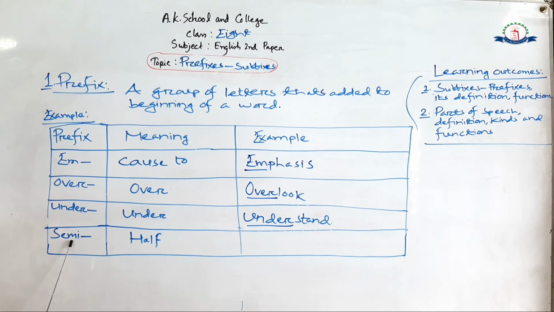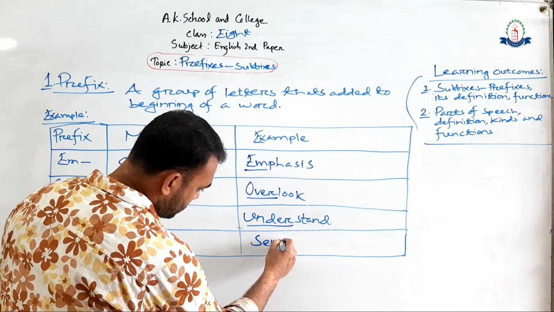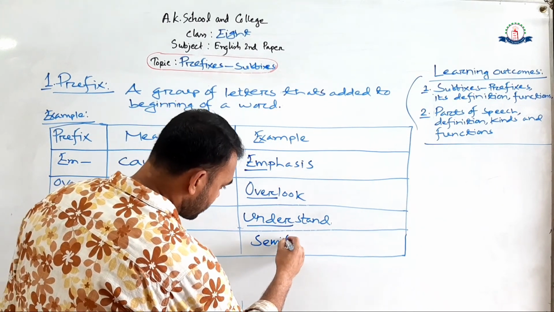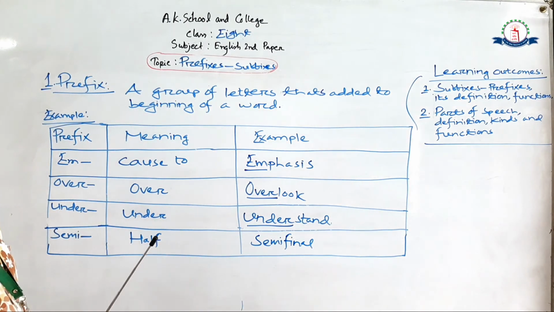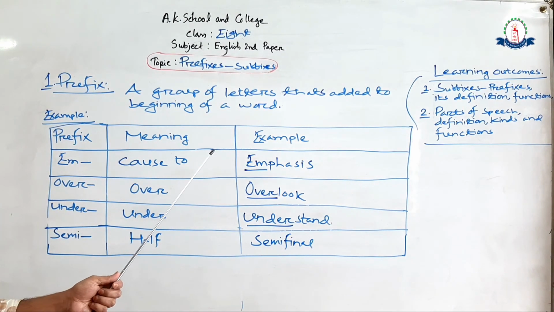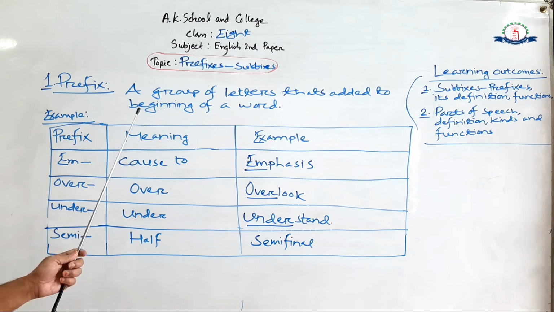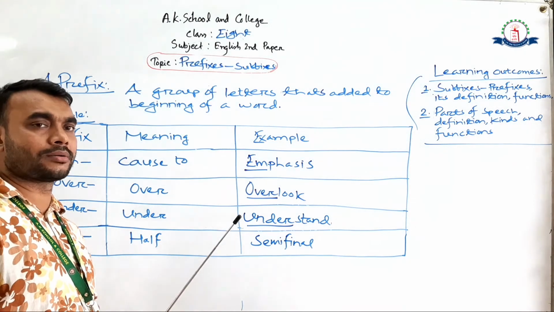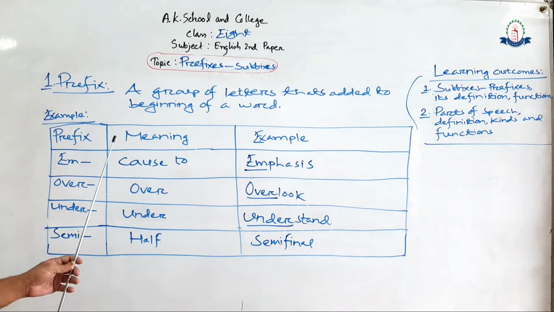The word semi, and its meaning is half. So here look at the example: semifinal. If you look again, I have given the definition of prefix, and I also took some examples for a better understanding of prefixes.